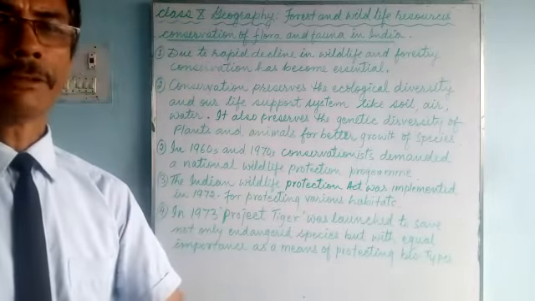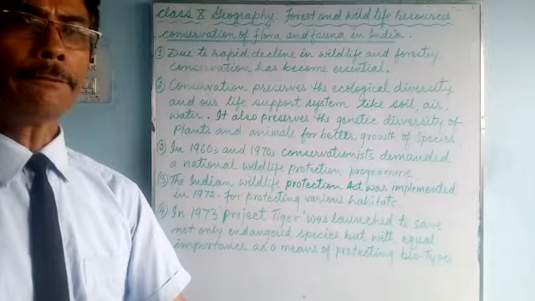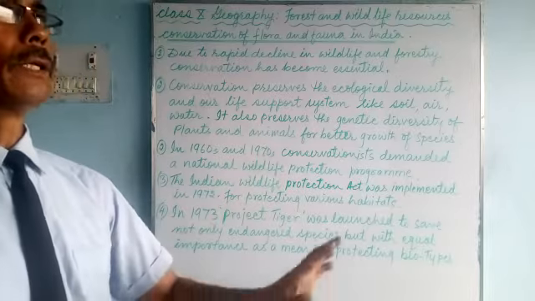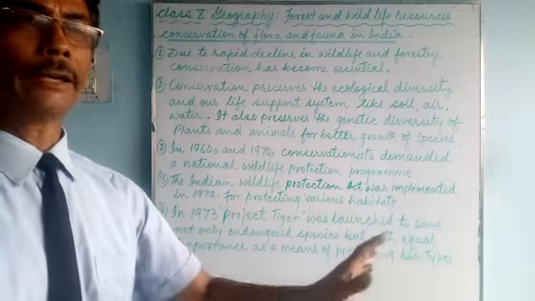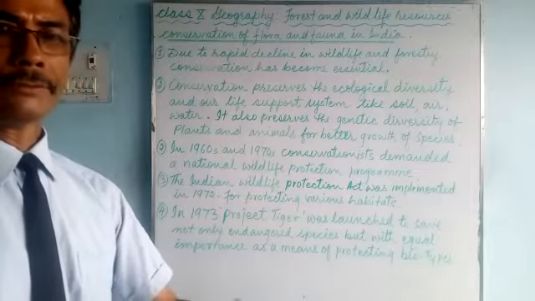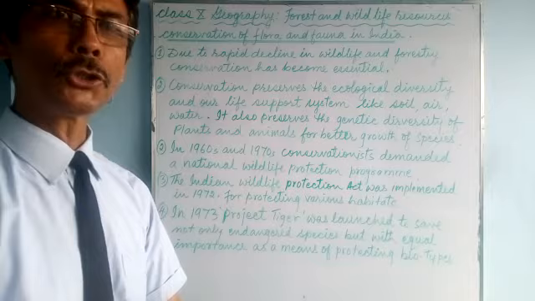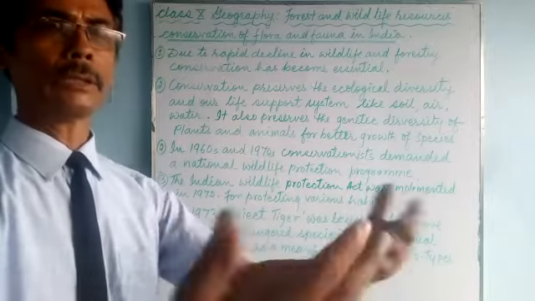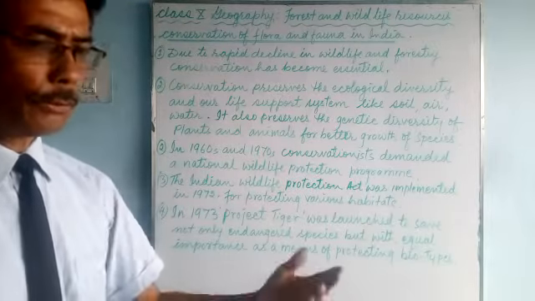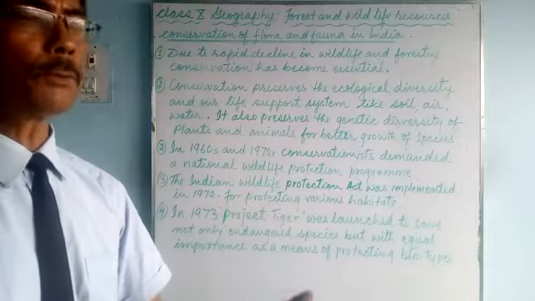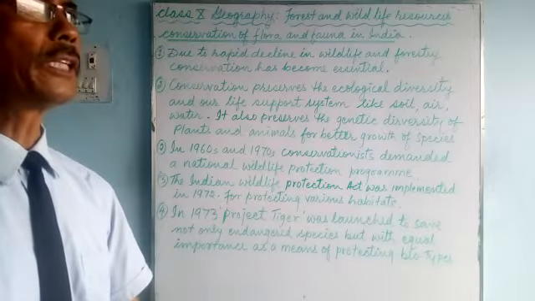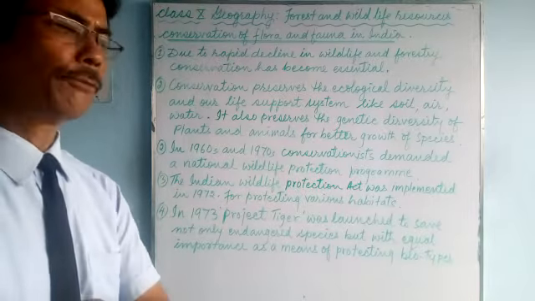So for scientific purposes, and for our future generations, so that they can see the animals alive. Otherwise, if it is not protected, naturally the future generation will see them in pictures only, not in the forest alive.